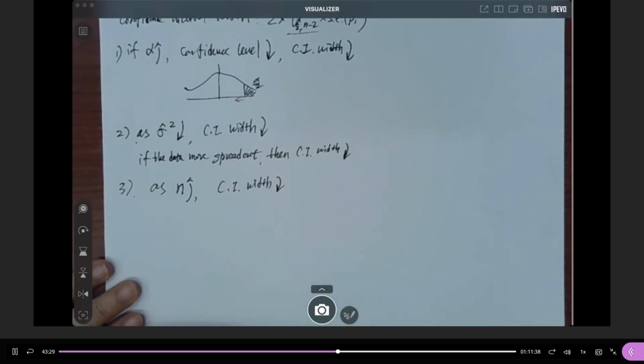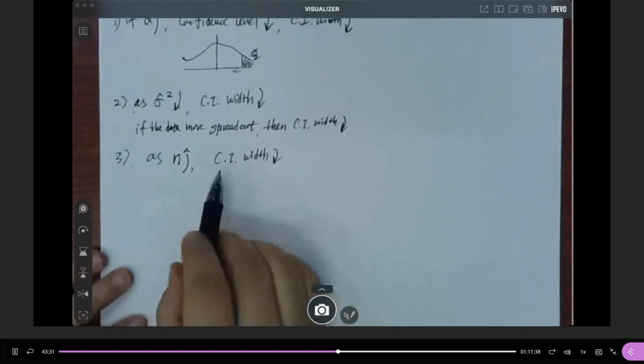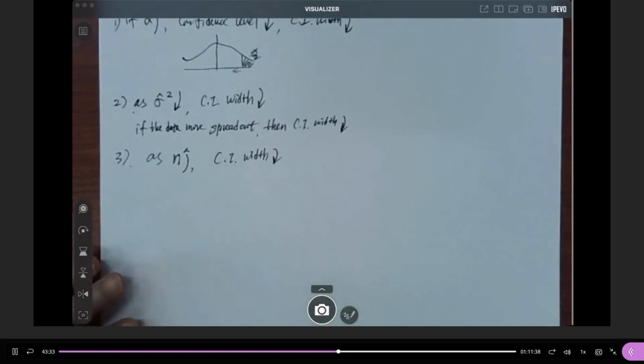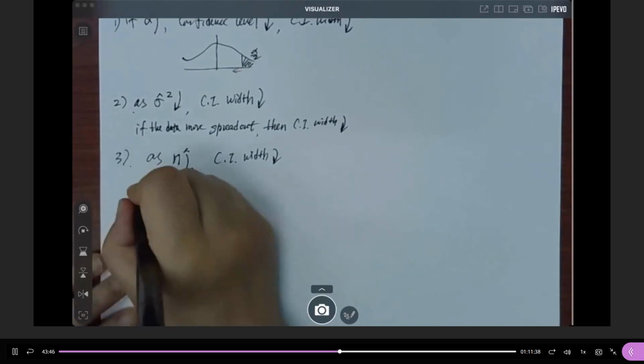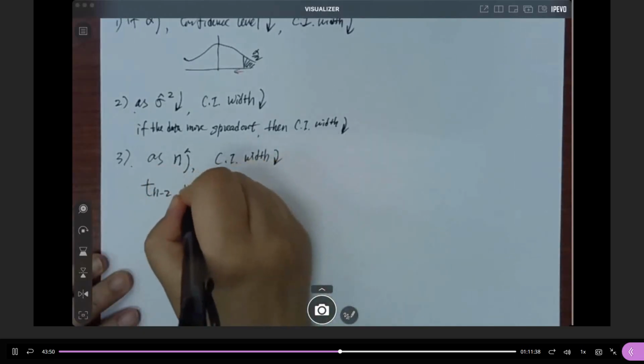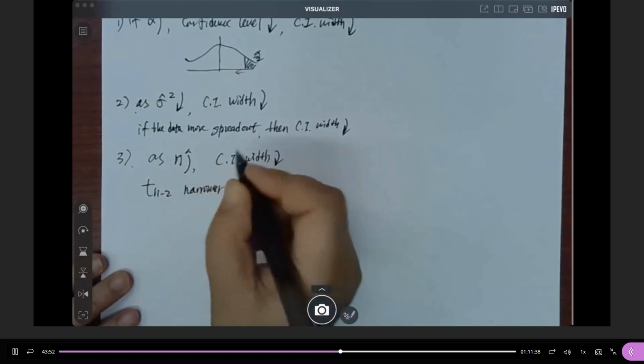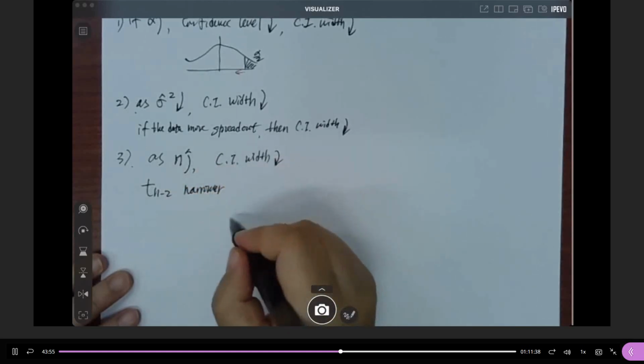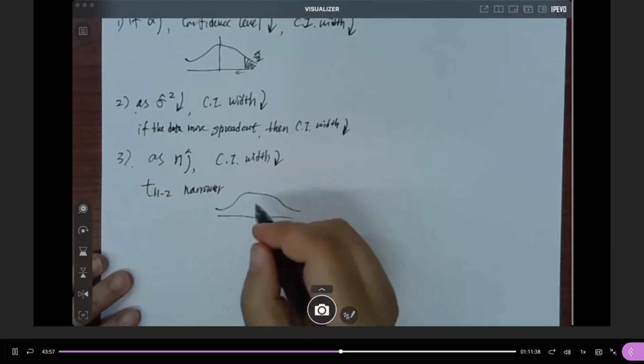But it costs money. So as n increases, how come the confidence interval width decreases? Well, first of all, for the t distribution, you have n minus 2 degrees of freedom. When n increases, degrees of freedom also increase, right? The t with n minus 2 degrees of freedom here will become narrower. Remember, in the t distribution, small degrees of freedom is more flat.